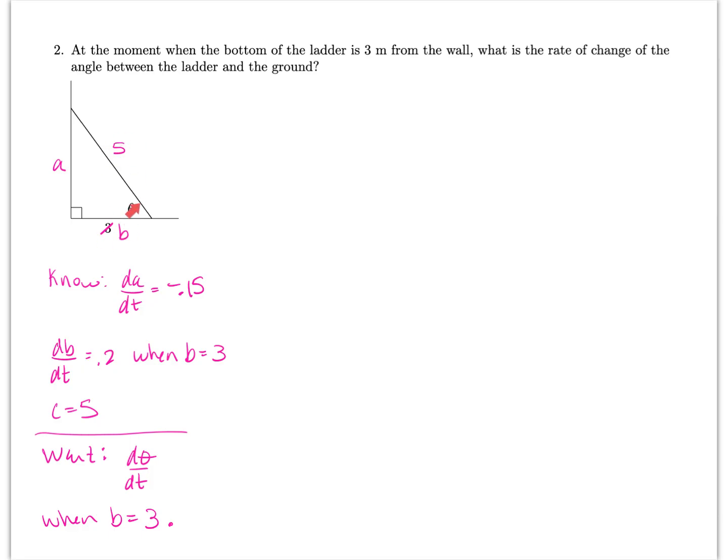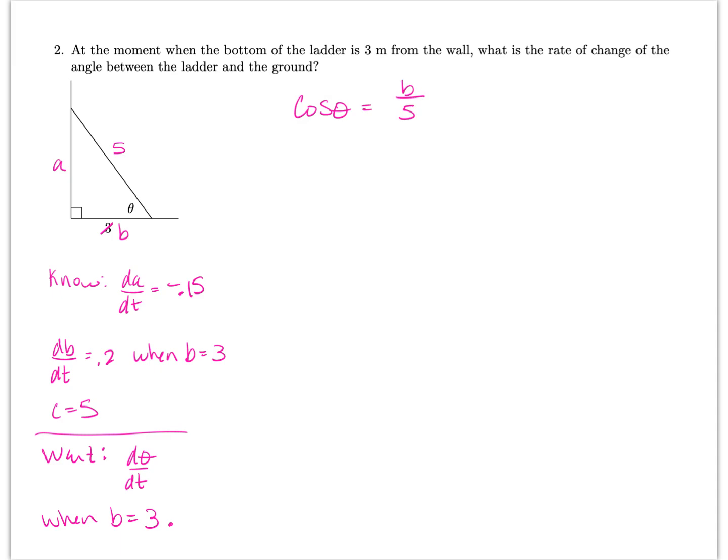I'm going to use cosine theta, because it can use the adjacent side over the hypotenuse. I like the 5 because it's not changing. It just makes things less complicated. And I like using the B because I'm interested in the moment in time when B is 3. You could use A, and you'd still get there. You have to use sine theta, but I'm going to use cosine theta equals B over 5.